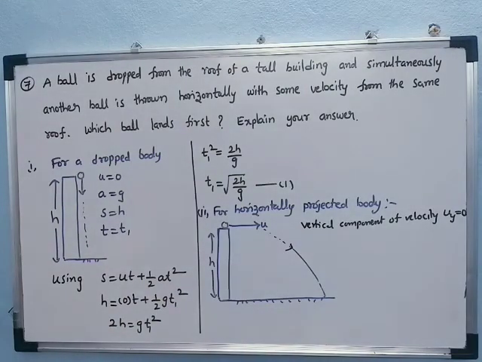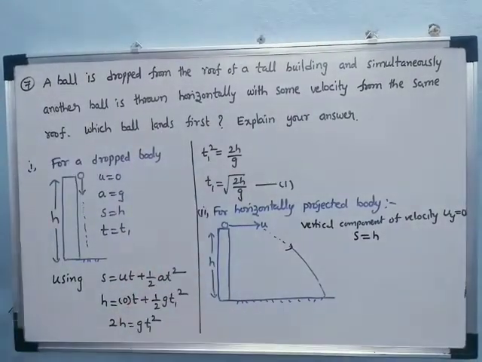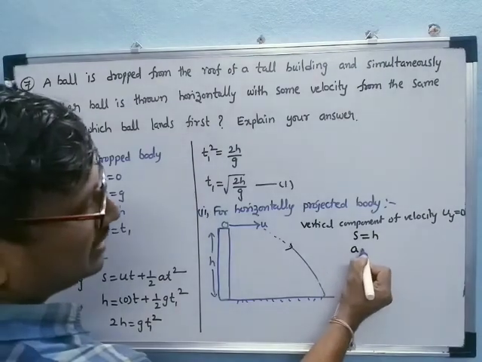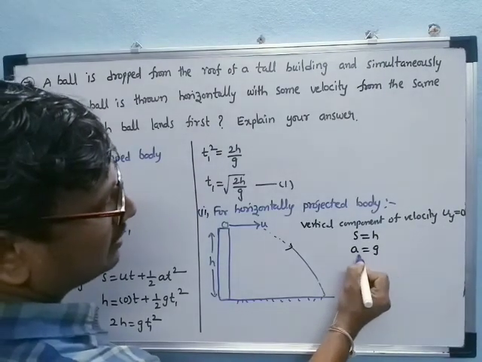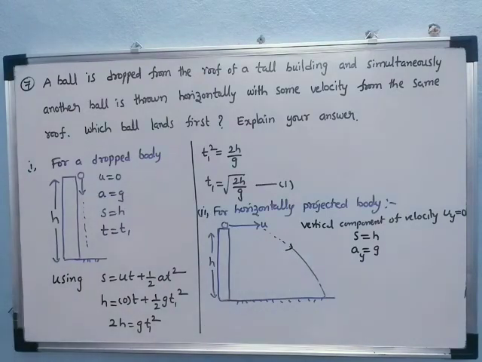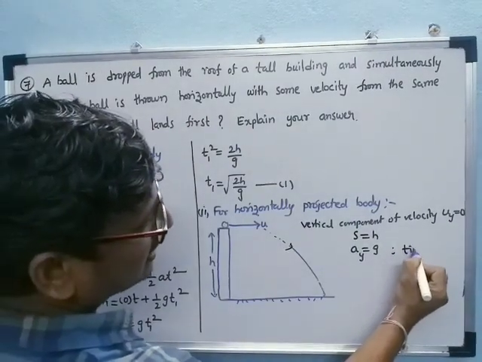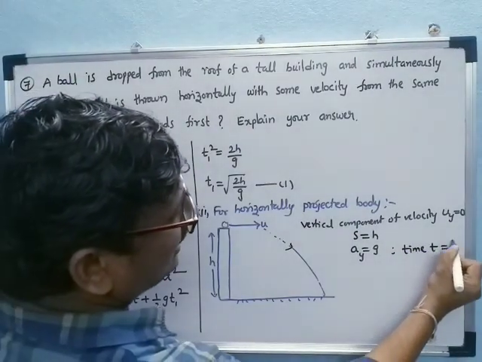The displacement s is equal to h, and the acceleration is g, so the vertical component of acceleration ay is equal to g. The time to reach the ground is t2.